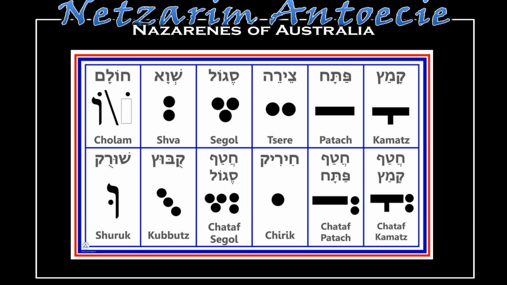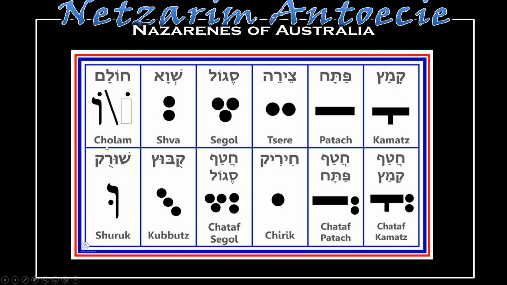And then finally we have the vowel marks, and we have a kamatz, which is a longer A, patach, a shorter A, zere, a longer E, segol, shorter E, shva, which breaks up the word into syllables.